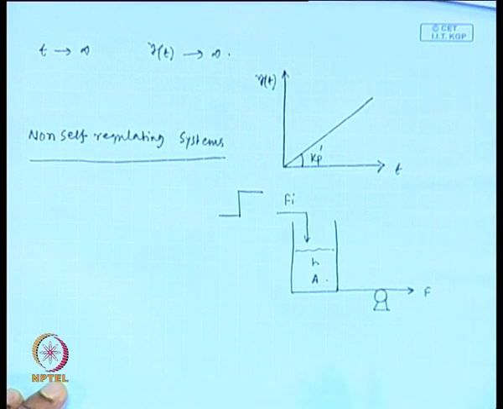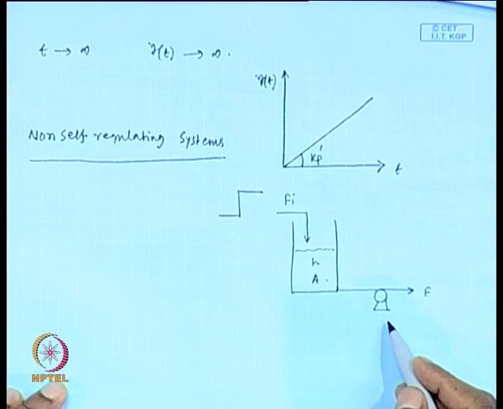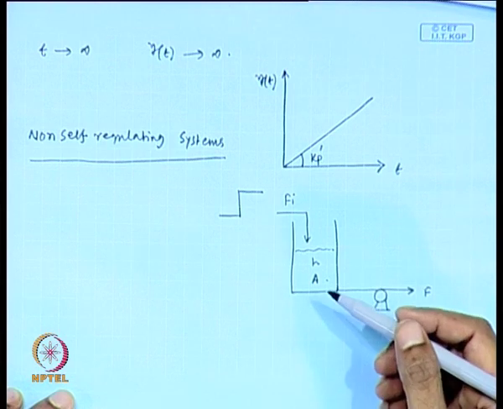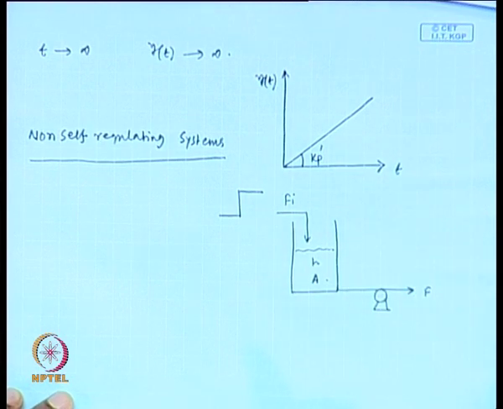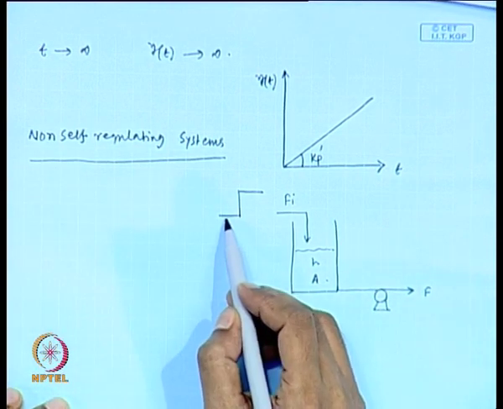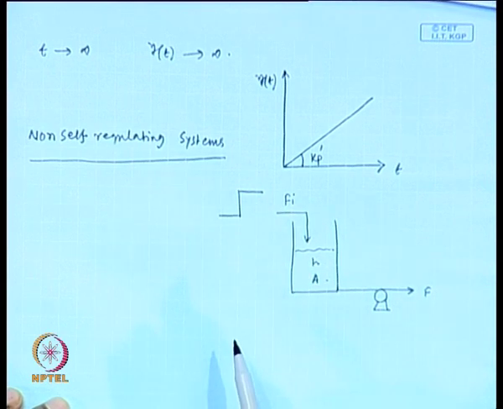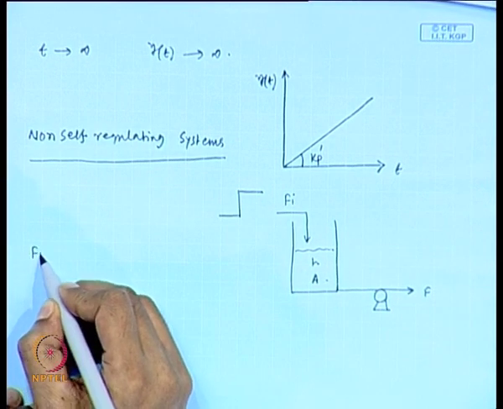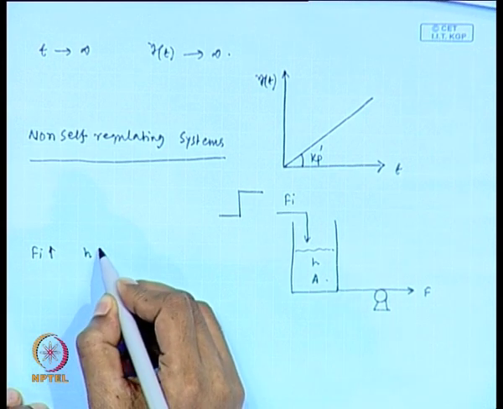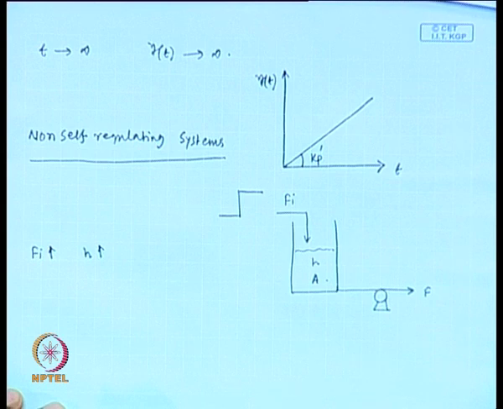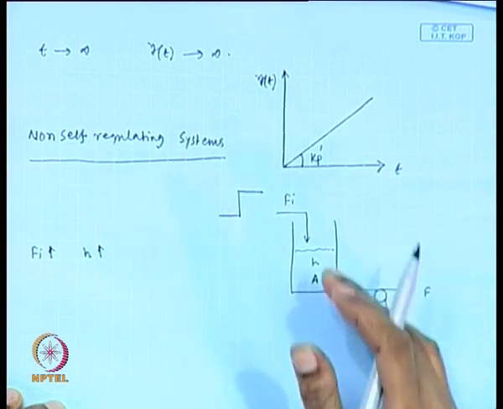Then what happens? The height increases, because this pump is delivering constant output. So, height gradually increases with time. Agree? So, if we increase F_i, then the height of liquid in the tank increases, and this tank becomes flooded. Agree?